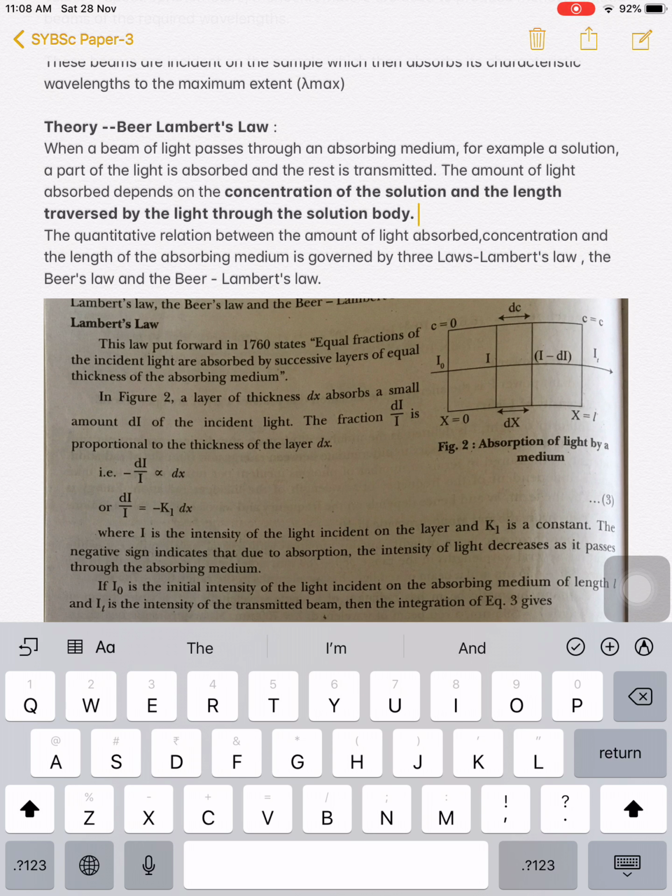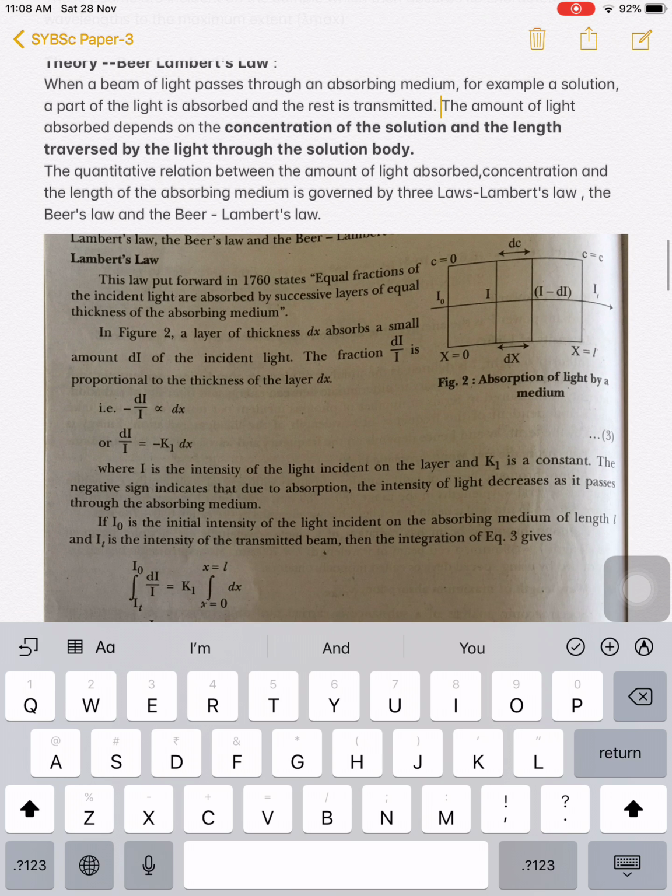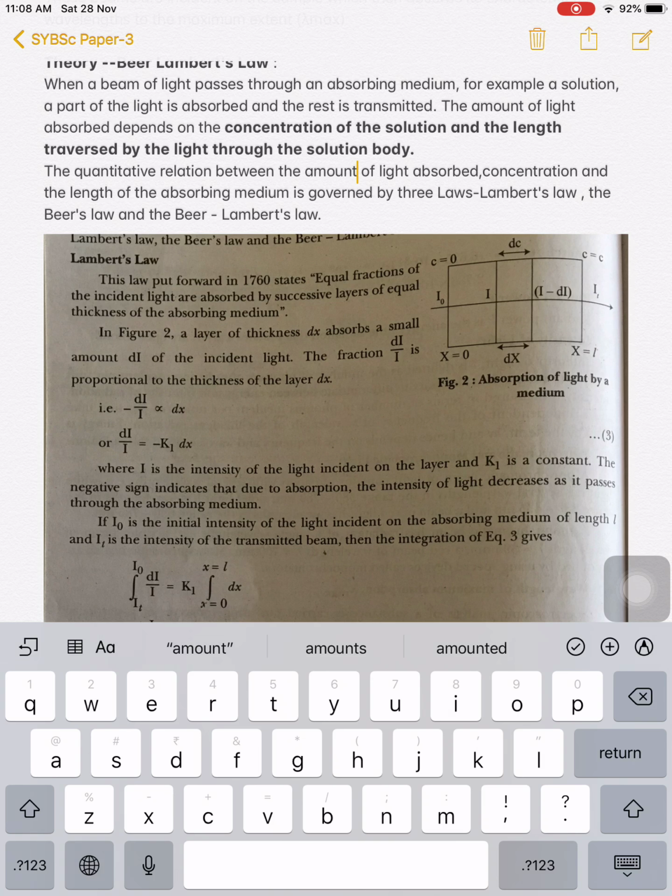Now see the statement again. The amount of light absorbed depends on the concentration of the solution and the length traveled by the light through the solution. The quantitative relation between the amount of light absorbed, the concentration and the length of the absorbing medium is given by Lambert's law and Beer's law.